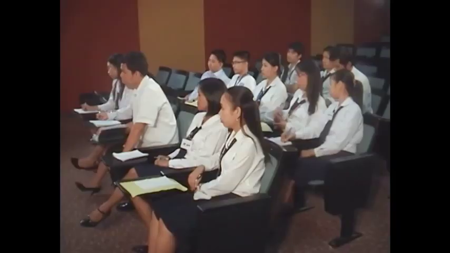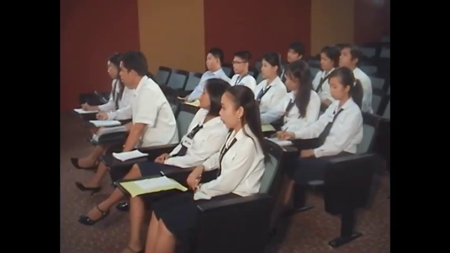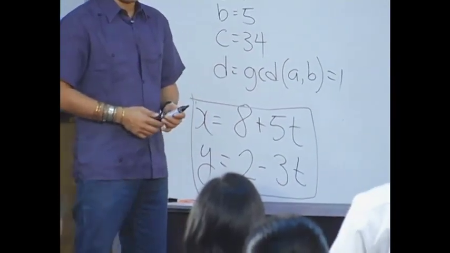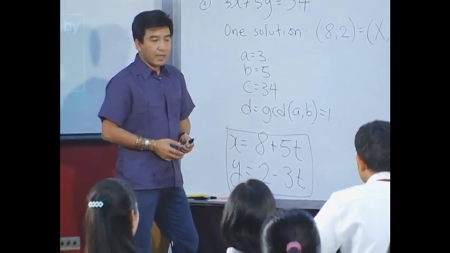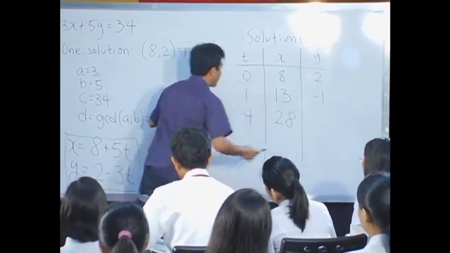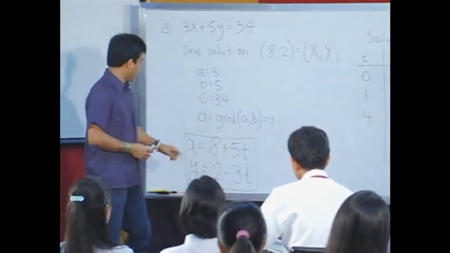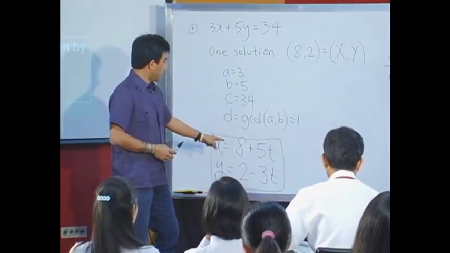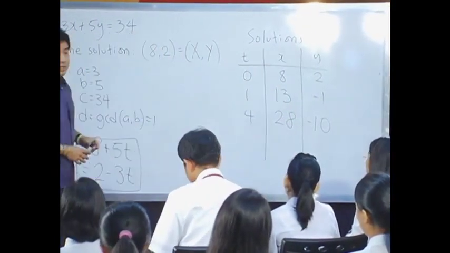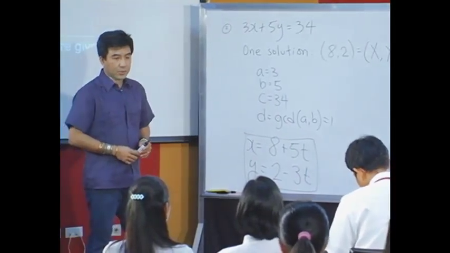For example, t is 4. 8 plus 5 times 4 is 8 plus 20, 28. So this is 28. Y is equal to 2 minus 3 times 4. 2 minus 12 is negative 10. 28 and negative 10 gives us another solution.